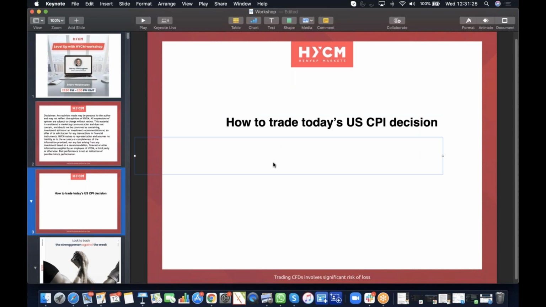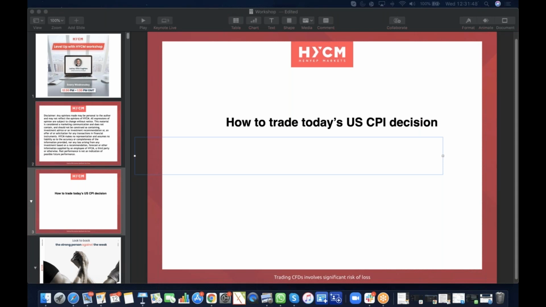Today it's the biggest trading opportunity of the week, which is looking at how to trade the US CPI decision. I will be explaining this in some detail, and we will be looking at how best to trade this.